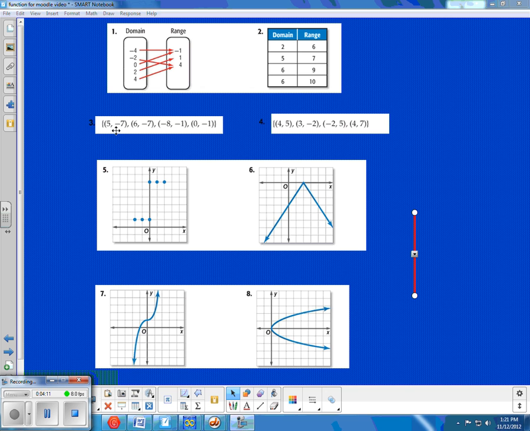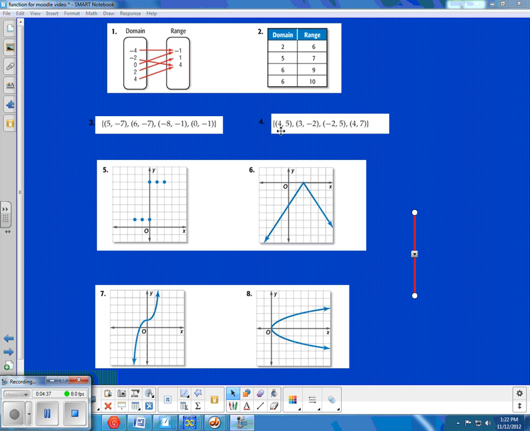When we look at points, again, we're going to look at our x value. If our x values, which are our independent variable, are unique in all the set points, then we know we have a function. We have a value of 5, a value of 6, a value of -8, and a value of 0. All the independent variables are unique, so therefore it is a function.